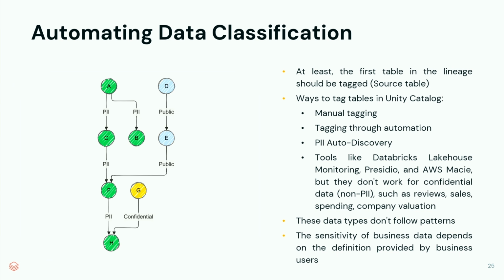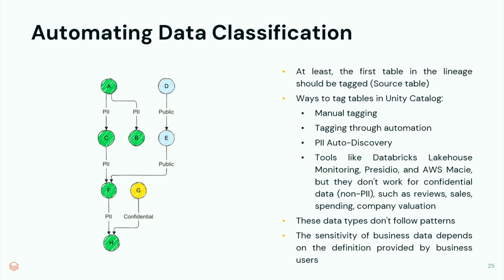So to do that, at least we need to have the first table in the lineage downstream tagged. So if you can tag the source table, you can do that. And we have a lot of ways to tag tables in Unity Catalog. Doing it manually or tagging through some automation using a PII auto-discover tool.